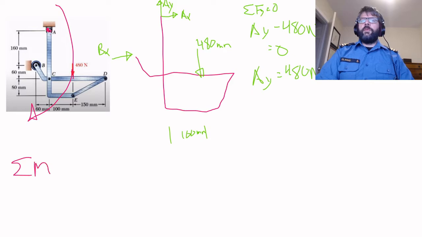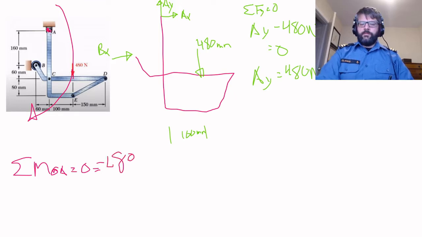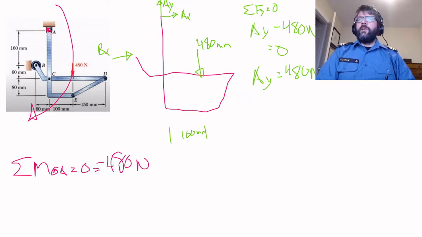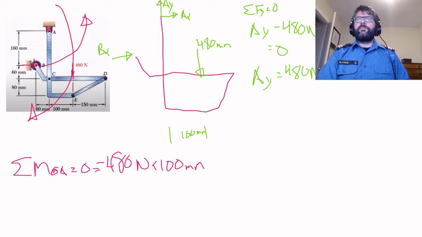So taking the moment at A equal to 0, which is equal to negative 480 newtons times its horizontal offset of 100 millimeters. And then we've got this force at B, which would be causing a positive moment, so plus Bx times its vertical offset, which is 160 millimeters.